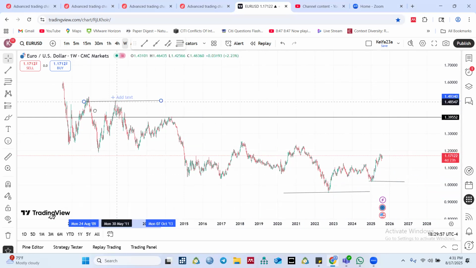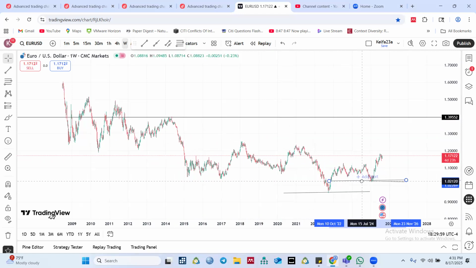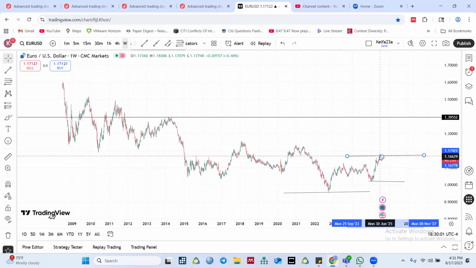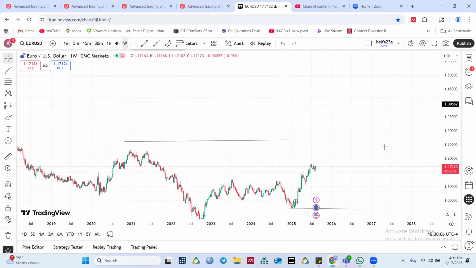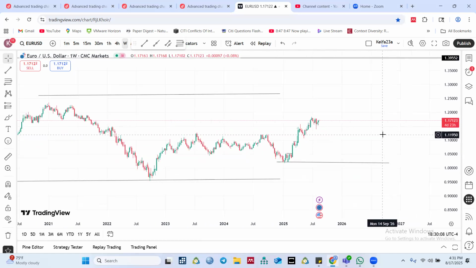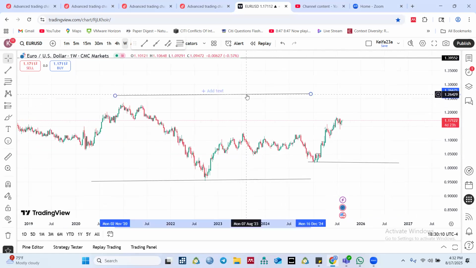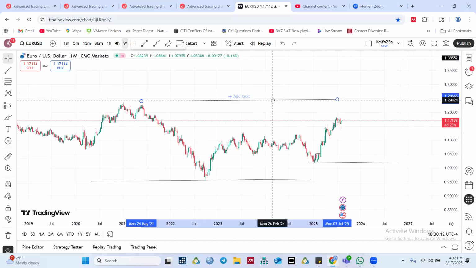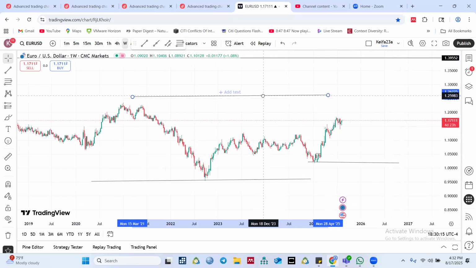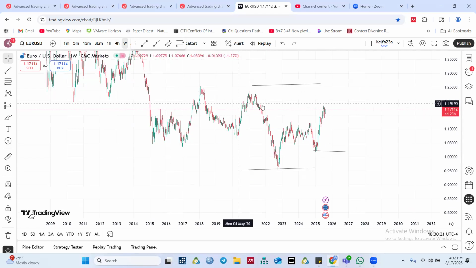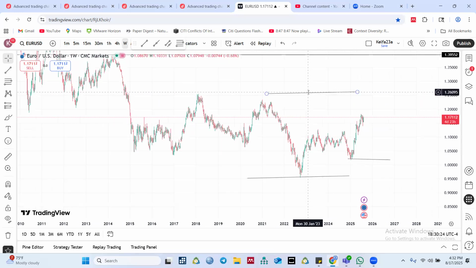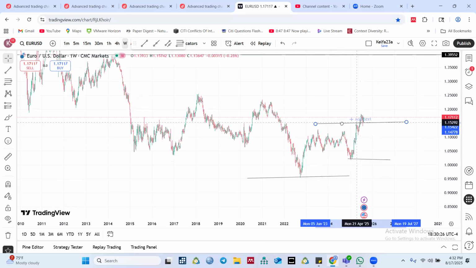So all this information up here might not be really too relevant for us. We have to focus on the current swing structure, the most current information that we can use. Though information from the past year is important, we can only use what is available in the short term around here to set up our trades.